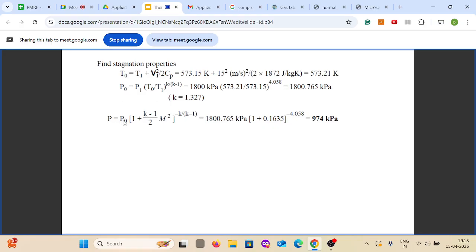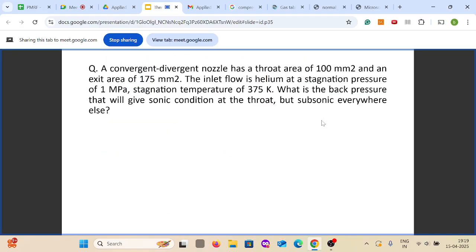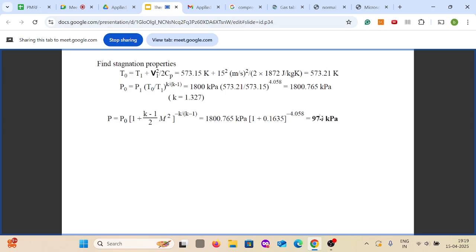So P is P naught by 1 plus gamma minus 1 by 2 into Mach square. So it comes out to be 974 kilopascal. So this is the pressure to which the exit pressure should be for it to reach Mach number 1 at the exit.